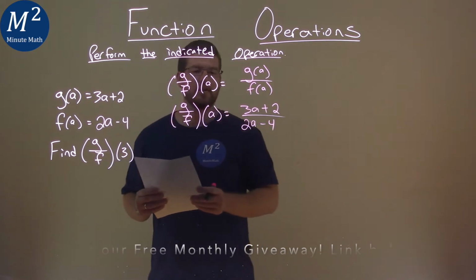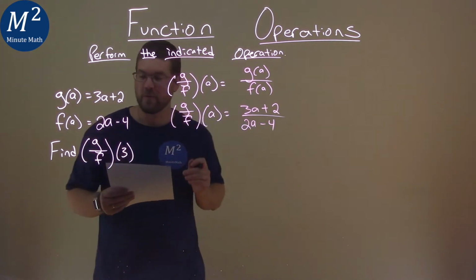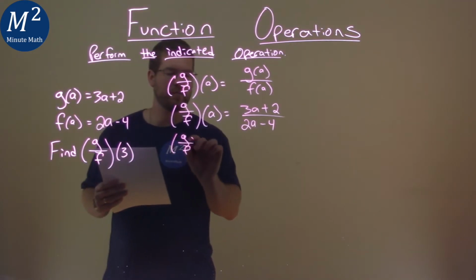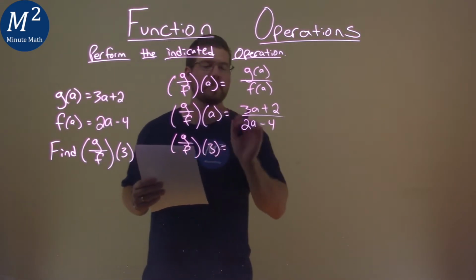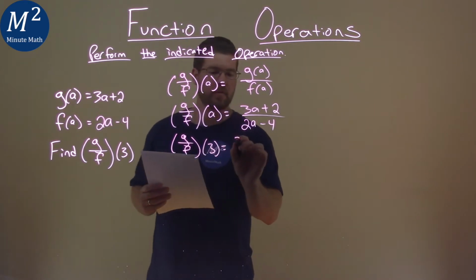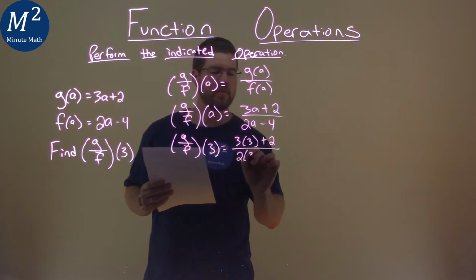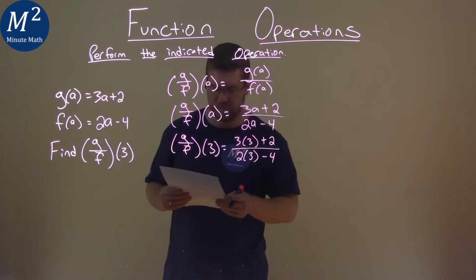So now what I want to do is I'm going to put 3 in for a here. That's what we want to find, right? So g over f of 3, let's just substitute 3 in for a. 3 times 3 plus 2 over 2 times 3 minus 4.